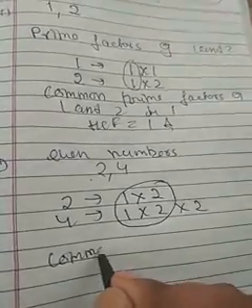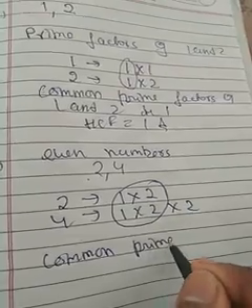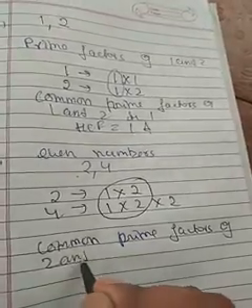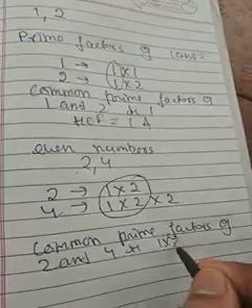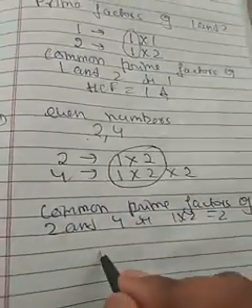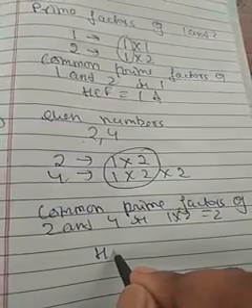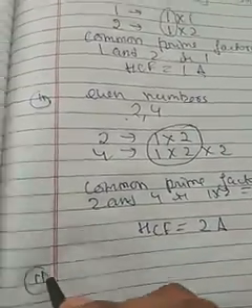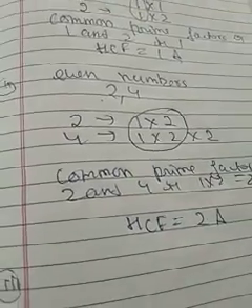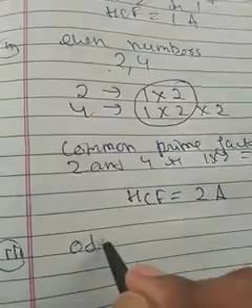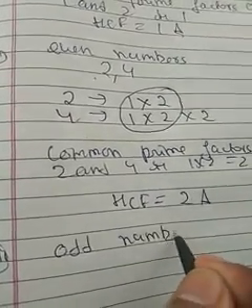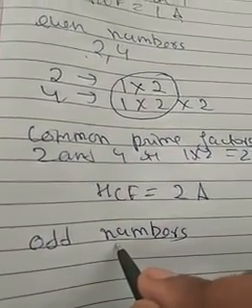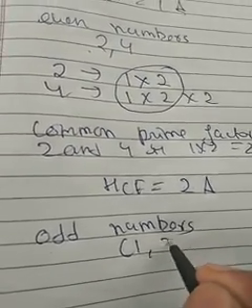Now common prime factors of 2 and 4 is 1 into 2, which is equal to 2. So HCF of consecutive even numbers is equal to 2. Answer. Similarly, third part, odd numbers. Suppose the first two consecutive odd numbers are 1 and 3.